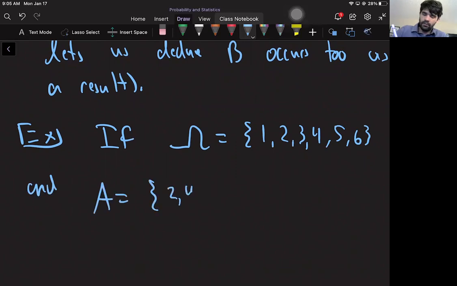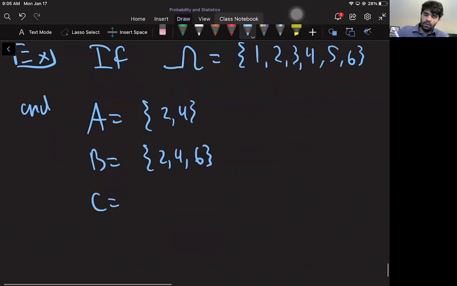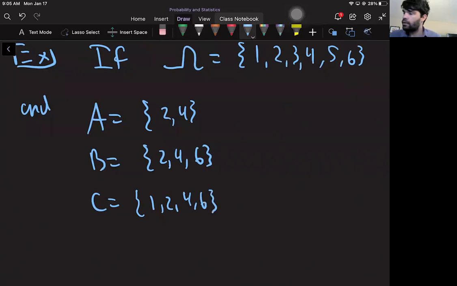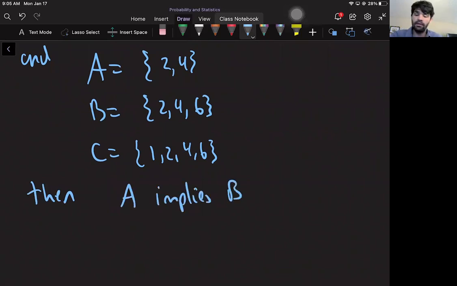So if I have A as 2, 4, B as 2, 4, 6, and C as 1, 2, 4, 6, then I can say A implies B, because if A occurs, that means I rolled a 2 or a 4, which means I automatically rolled a 2, 4, or 6.